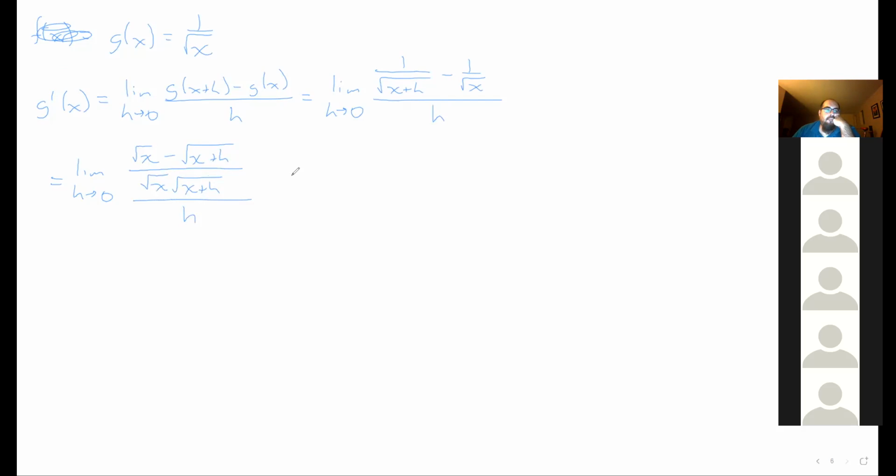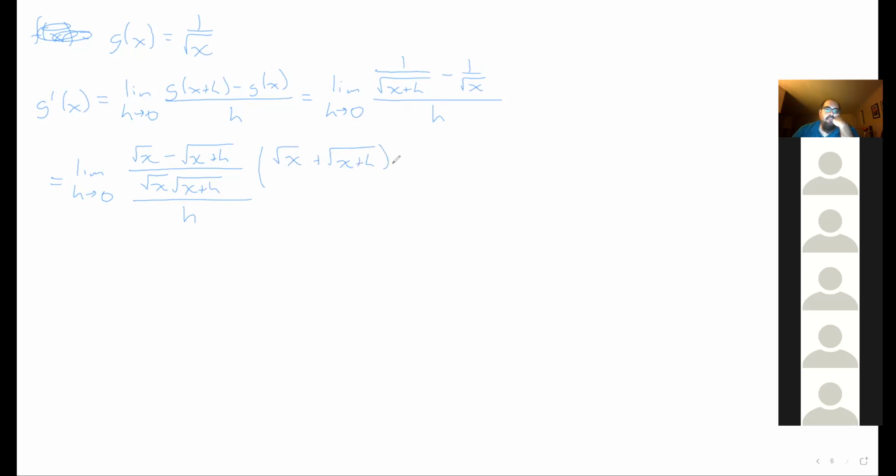Now what? Would you multiply by the conjugate for this one? I think so. You just change the sign of the top fraction, so you multiply both the numerator and denominator by square root of x plus square root of x plus h. Does that make sense? Yeah, it would be for both the numerator and denominator.